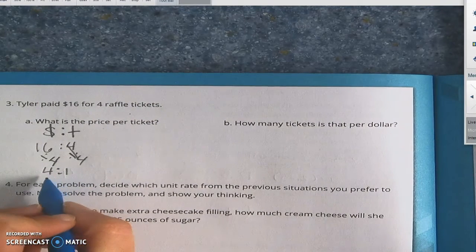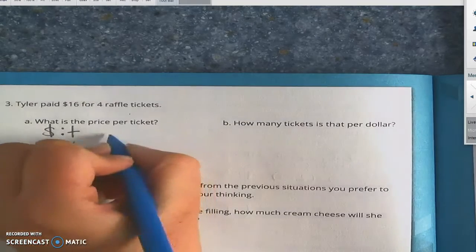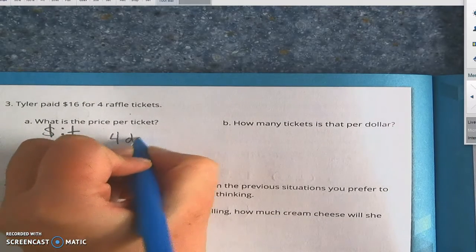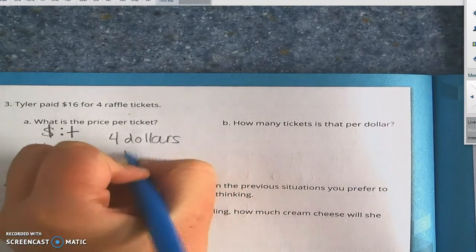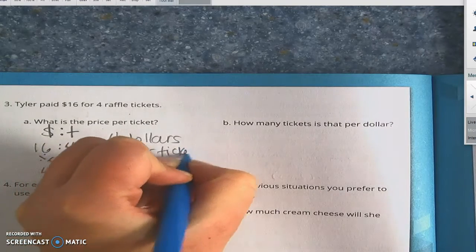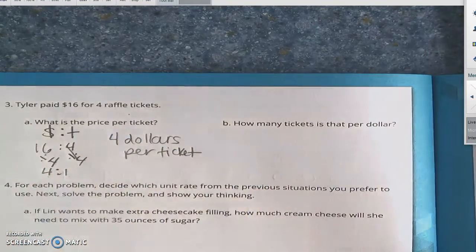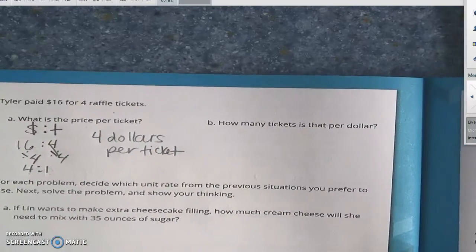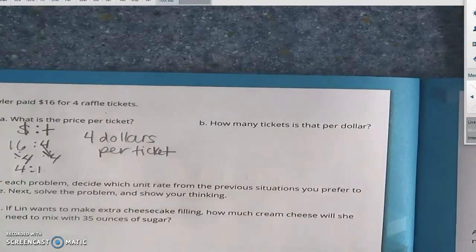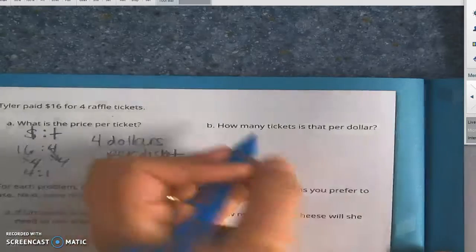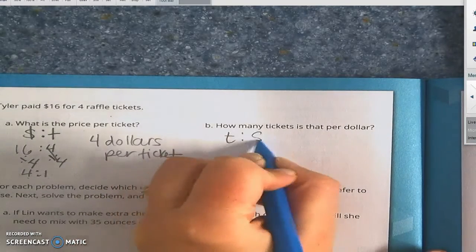So that means it's $4 per ticket. And then how many tickets is that per dollar? And this is weird because it's going to end up being less than 1. But this time I want tickets first and dollars second.